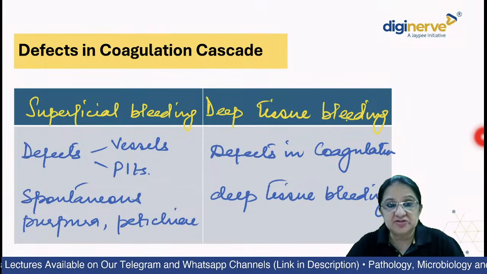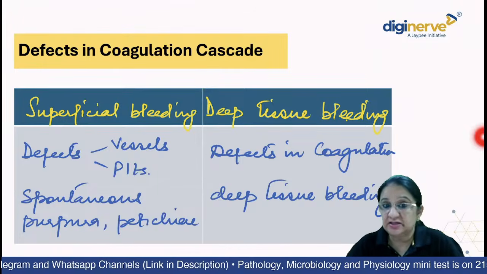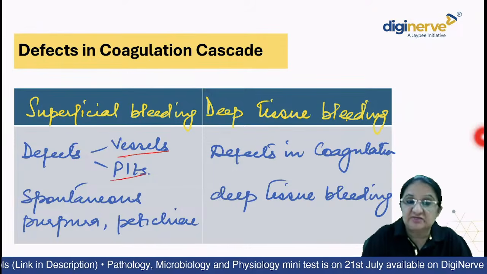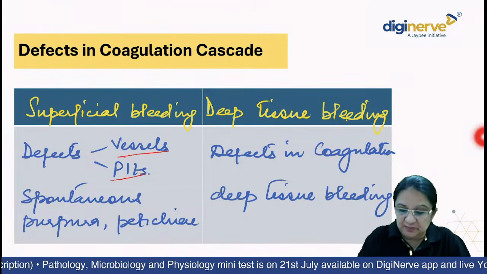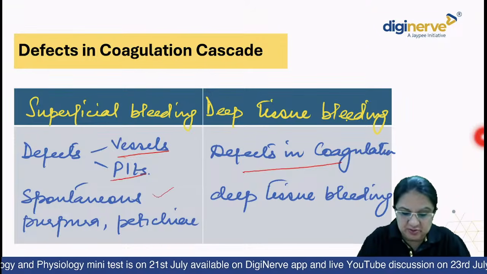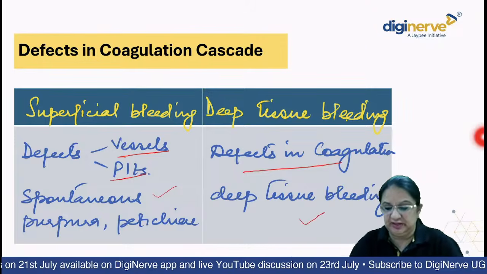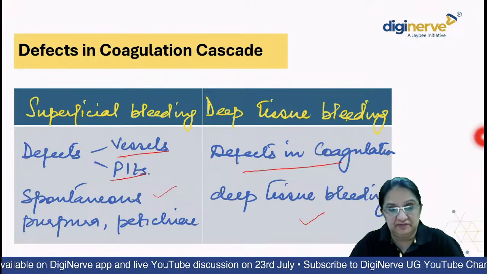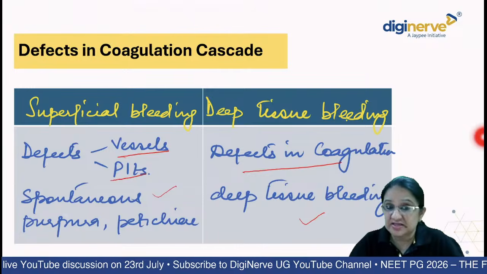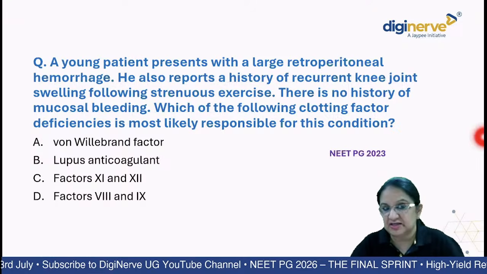Please note, in defects of vessels and platelets there is superficial bleeding, such as spontaneous purpura and petechiae. However, in defects in the coagulation cascade there is deep tissue bleeding, that is, hematoma in joints, muscles, and body cavities.